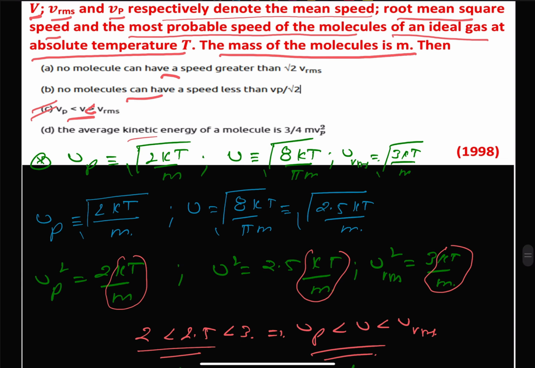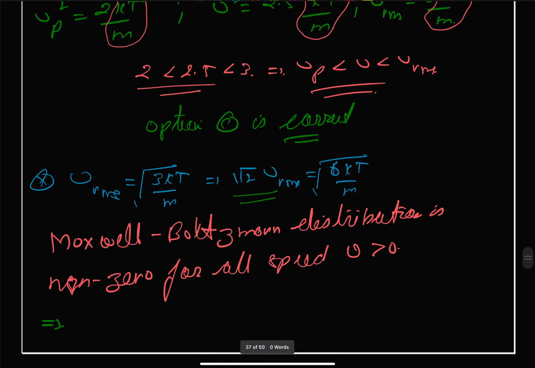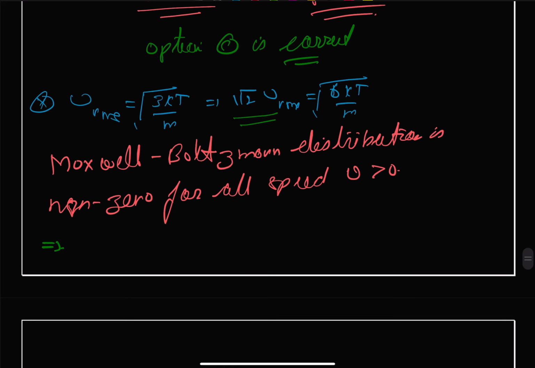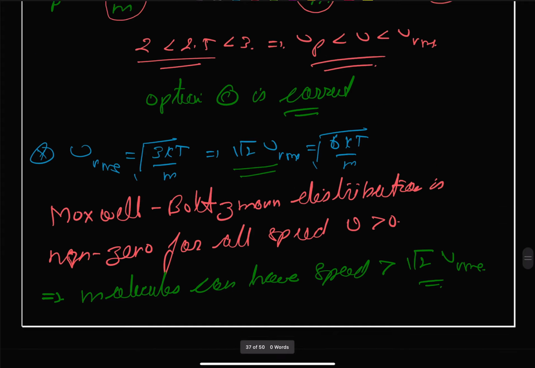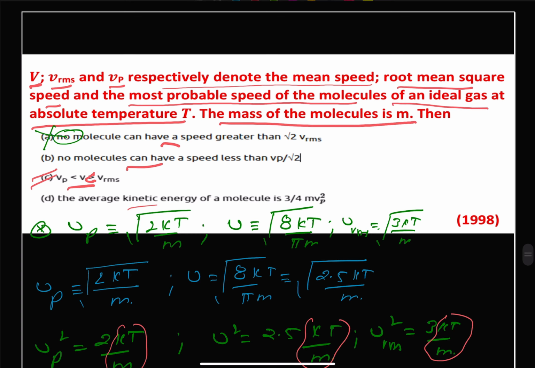It says no molecule, but according to this probability distribution law, it's possible that the speeds can be greater than square root of 2 Vrms. So molecules can have speed greater than square root of 2 Vrms. This is only based on probability. So option A is incorrect.